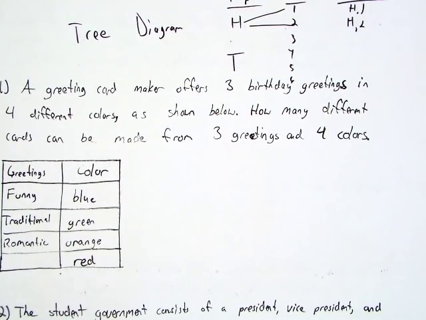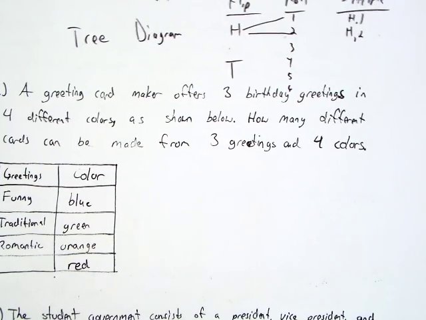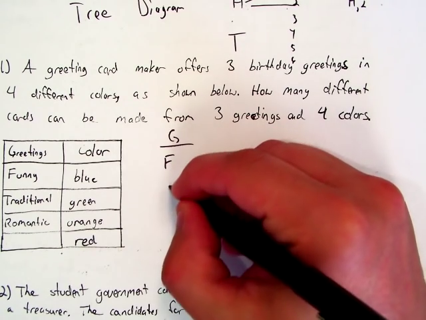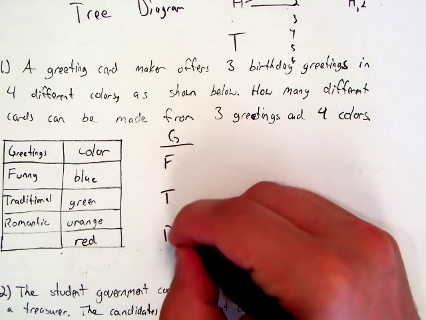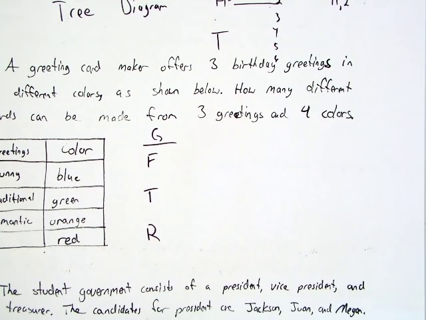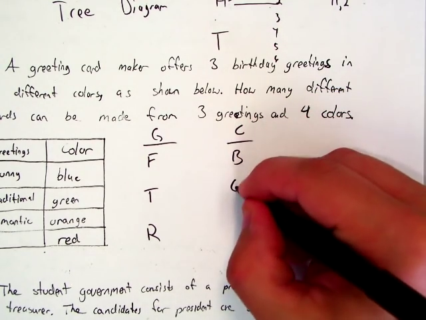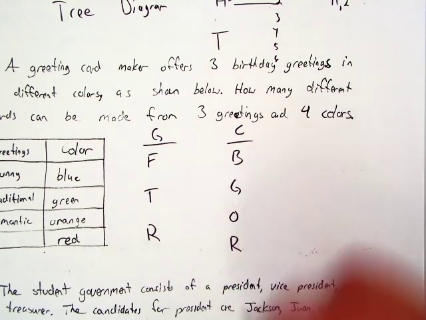It says a greeting card maker offers 3 birthday greetings in 4 different colors, as shown below. How many different cards can be made from 3 greetings and 4 colors? So there are 3 types of greetings: funny, traditional, romantic. And then we can have colors as blue, green, orange, and red.